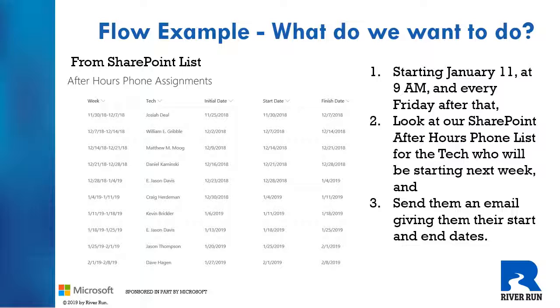So from today's date, I want to look 7 days ahead and find out who's going to be on call. And I want to send them an email giving them their start and end dates, sort of as a heads-up, hey, this is coming up, I want you to be aware of it. Sounds simple enough.